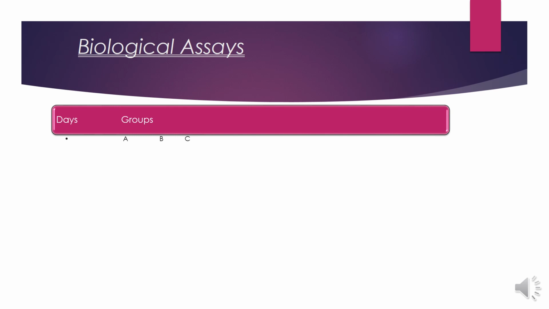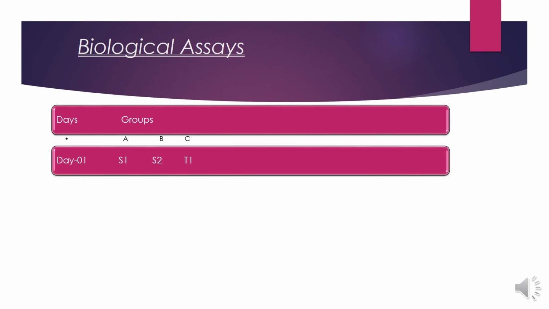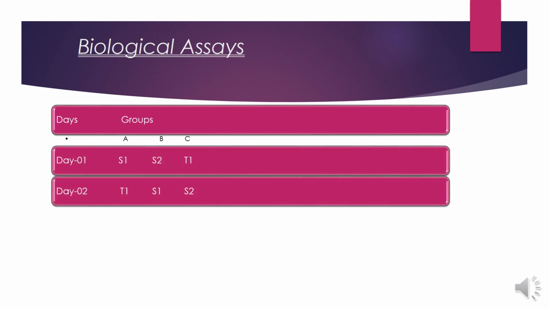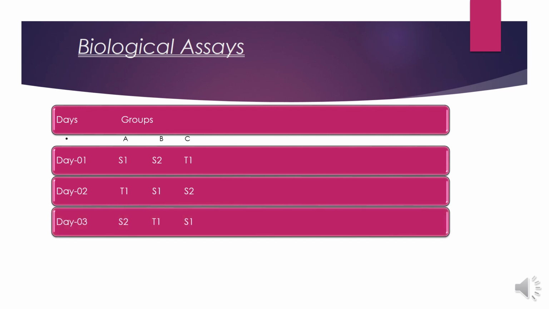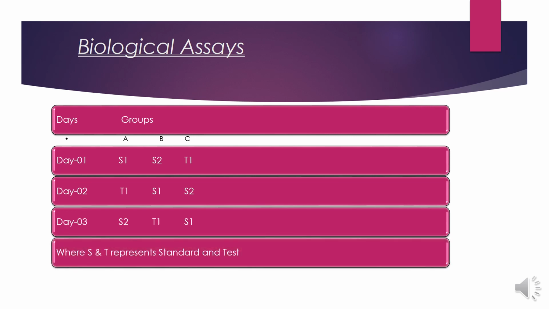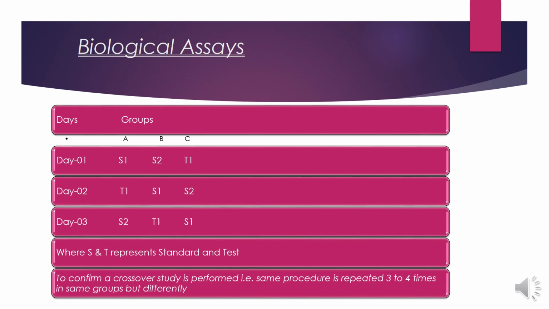So basically this chart is the example of a 3-point or 2 plus 1 bioassay. You can see in this chart that there are days, day 1, day 2, day 3, and there are groups A, B, and C, and the doses given are S1, S2, and T1, meaning two standard and one test sample dose.